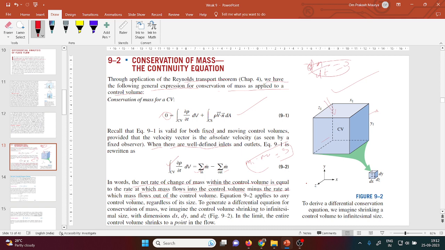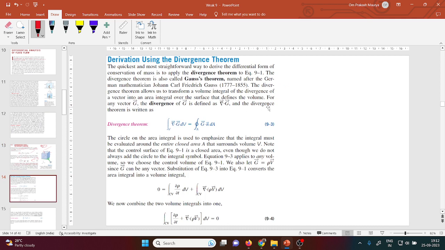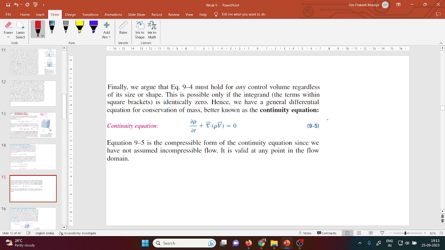And in this book I also found one very important thing: the conservation of mass is derived with different approaches. First is the derivation using the divergence theorem, and this is the final equation.